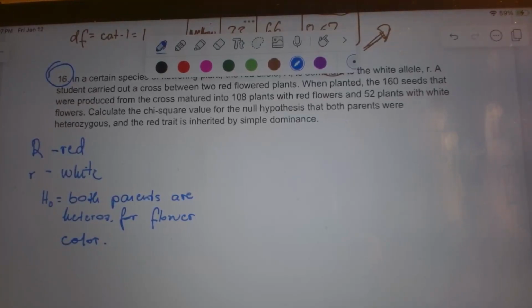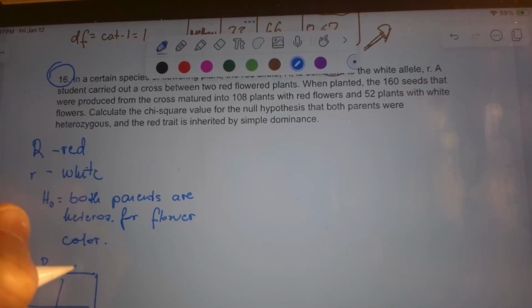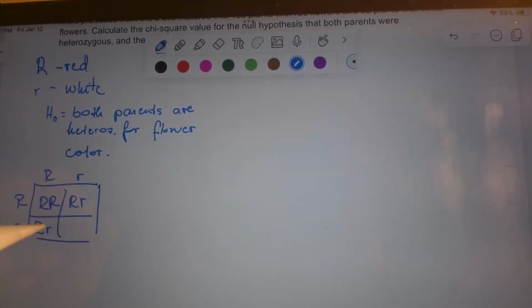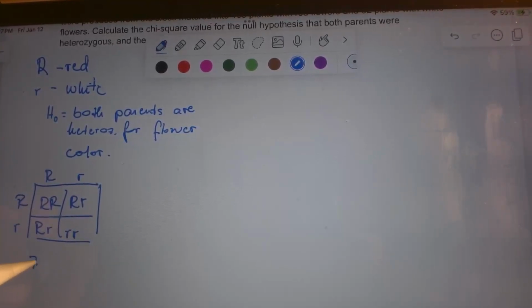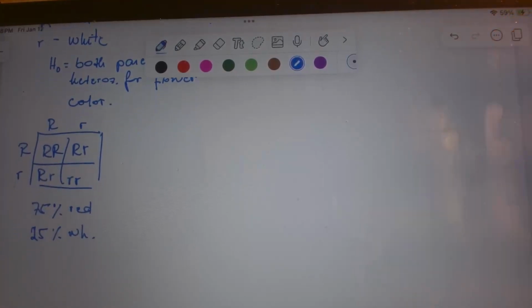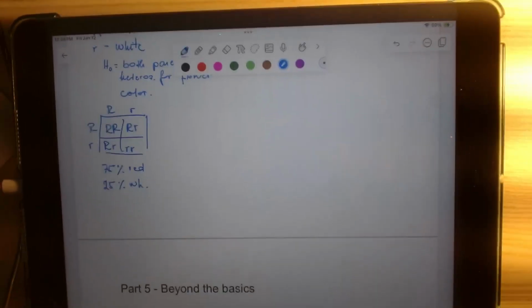In this case, the distribution, if both of the parents are heterozygous, what would you expect color-wise? 75% would be red and 25%, sorry, would be white color. Okay, it's a little bit too much.